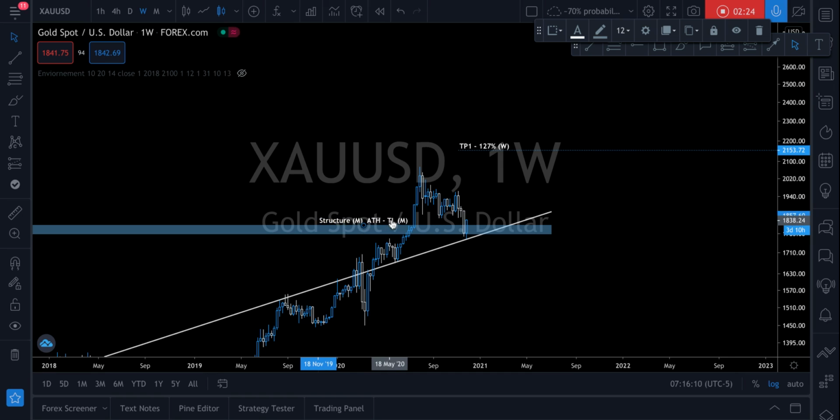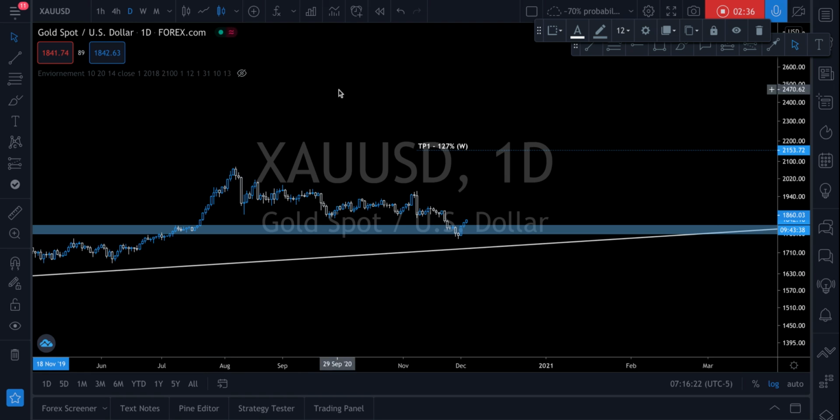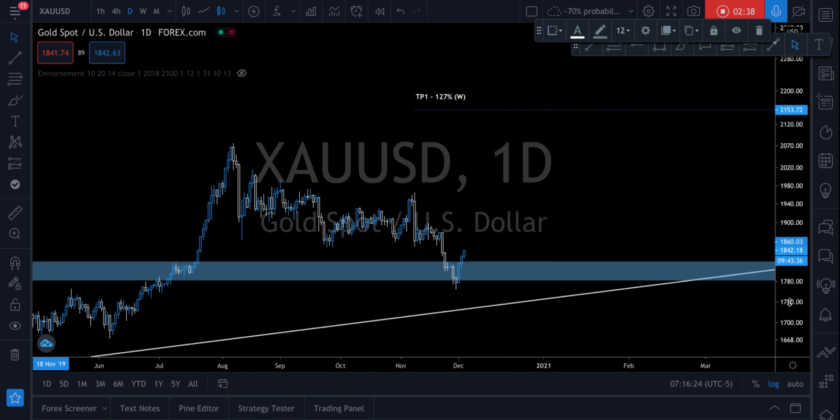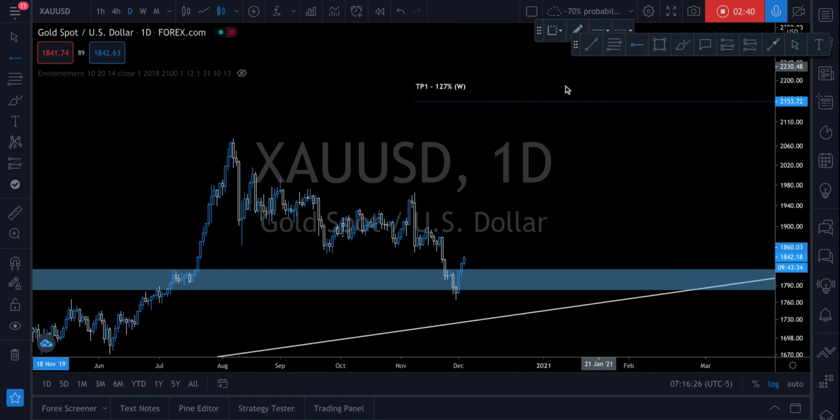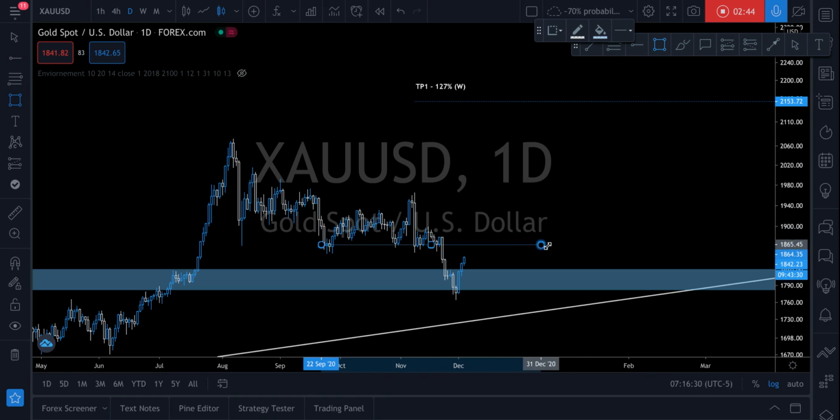That being said, for this particular trade setup, what we're looking at doing right here is actually just going to be coming up, closing, and testing this area as support. So not only are we going to break through, but we're also going to test it on the daily time frame as well. So you can see we do have some potential resistance. It might be a little bit better to use this box.